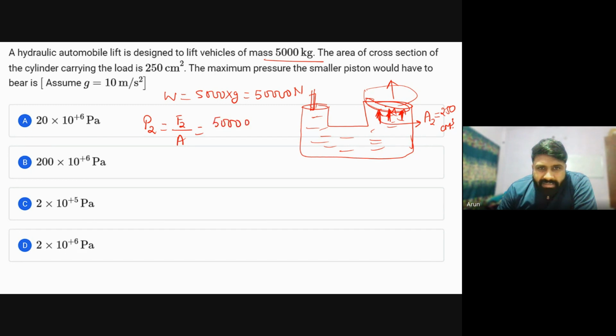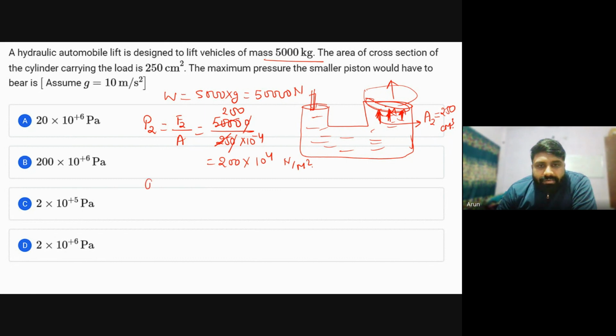So it will be 50 by area, and this will cancel out, so it becomes 200 into 10 raised to the power 4 Newton per meter square, which is the pressure.